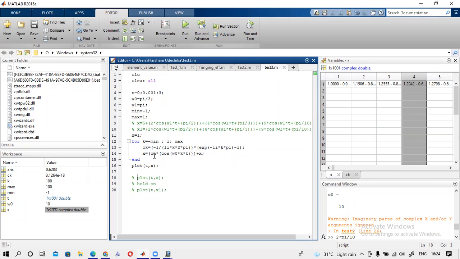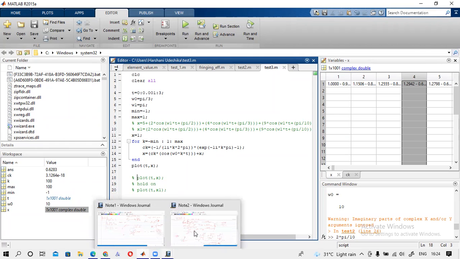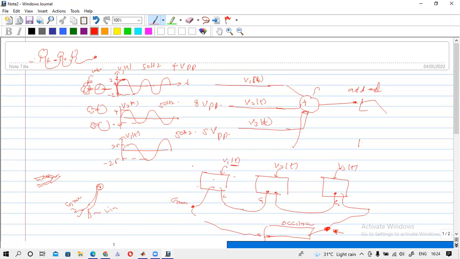So let's say, what is the value here? We take 50 hertz, with peak-to-peak values of 2, 4 and 8. These are general values.